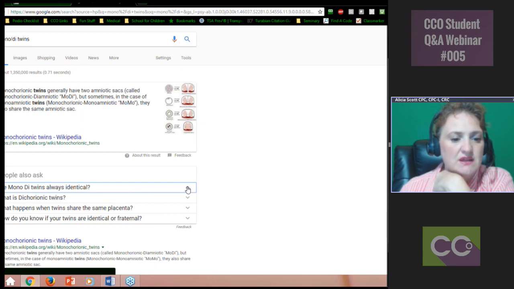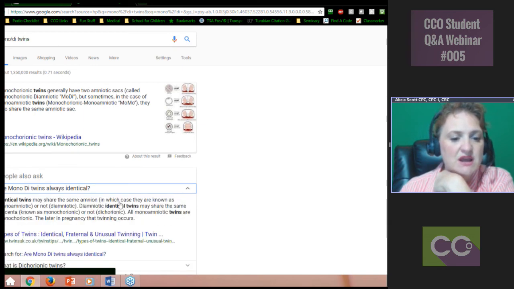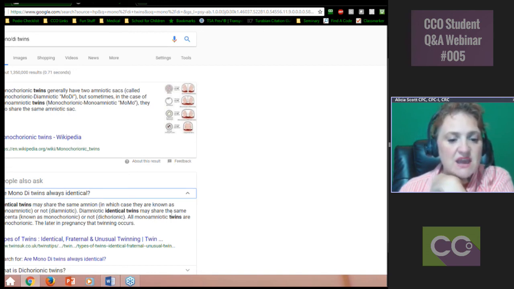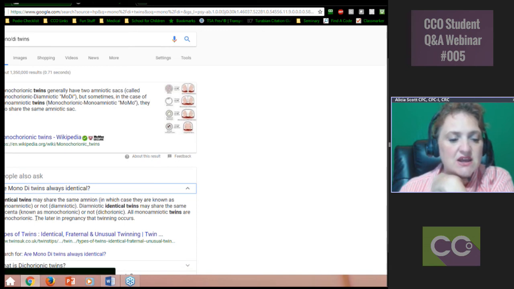They may share the same amniotic sac, in which case they are known as monoamniotic, or they may share the same placenta, known as monochorionic. Later in the pregnancy, twinning occurs.